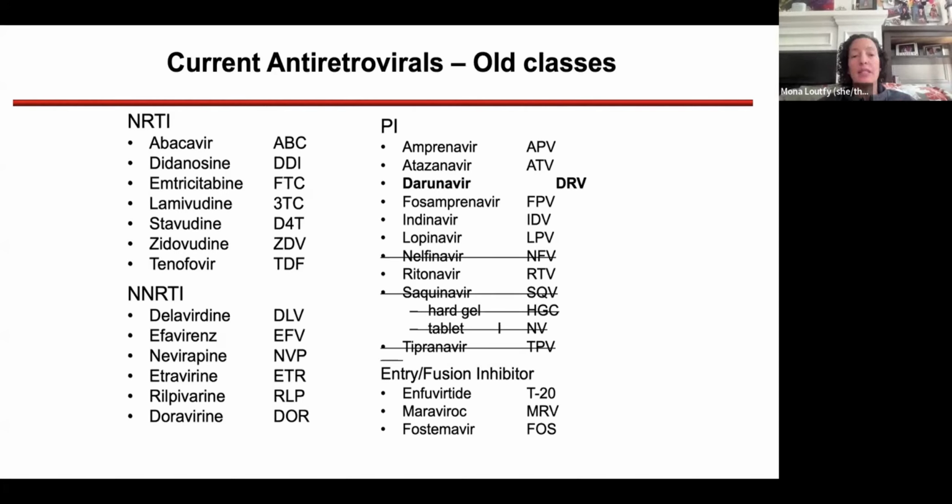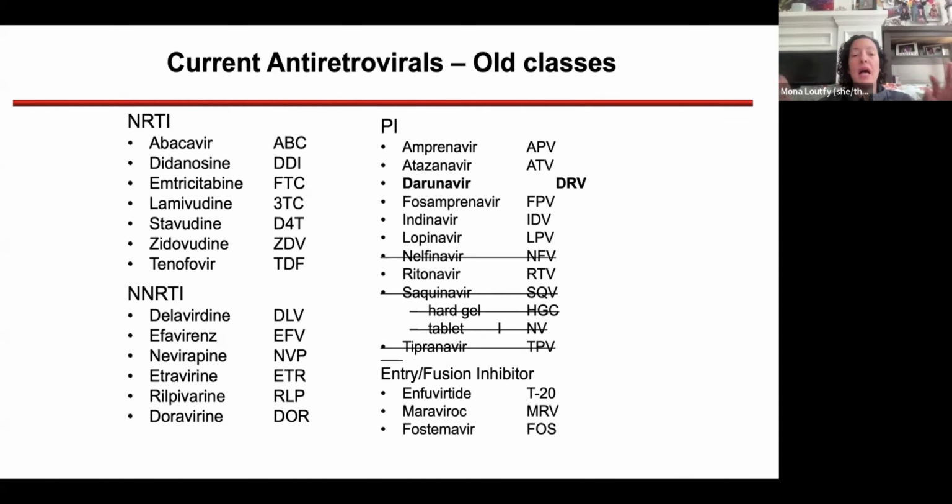So we have some drug classes that have low barrier to resistance, so they develop mutations very quickly. So that's like the NNRTI class. Or we have some classes that have high barrier to resistance. So like protease inhibitors. We liked using protease inhibitors because people could miss their doses, but the virus didn't develop drug resistance. Do you see that? And then the NRTIs are kind of in the middle.